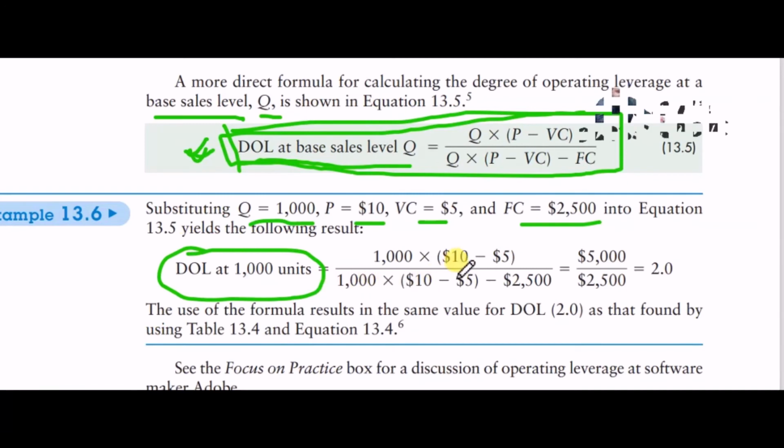Here we will see 1000 units into 10 minus 5, over 1000 into 10 minus 5, minus 2500. Then we have found that the degree of operating leverage is 2. The use of the formula results in the same value for DOL, 2, as found in our previous example.